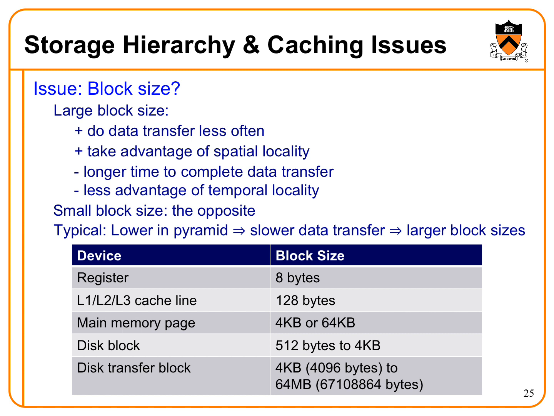But if we have more of it at one time, we're more likely to be able to exploit spatial locality. So this is a trade-off. Typically, lower down in the pyramid means that you have slower data transfer, and so we do larger block sizes. But this is just a heuristic.